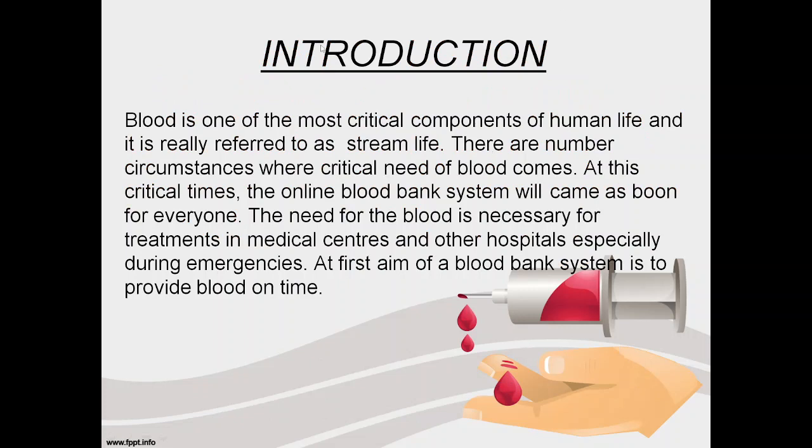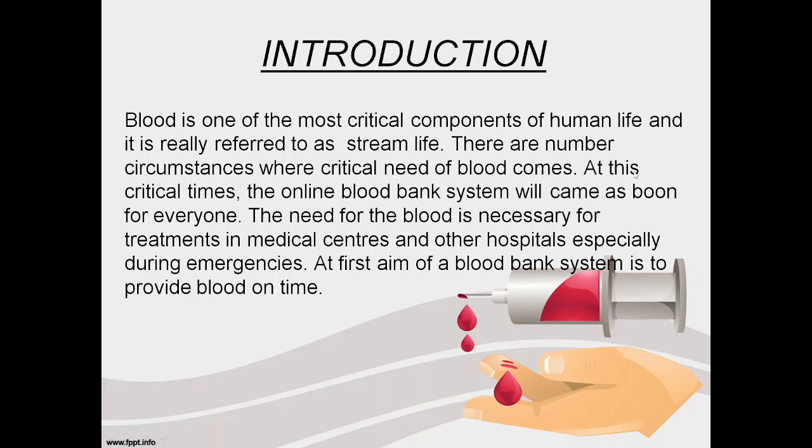And this is our introduction part. In this part, we know that blood is one of the most critical components of human life, and it is really referred to as a steam of life. There are a number of circumstances where a critical need of blood comes.